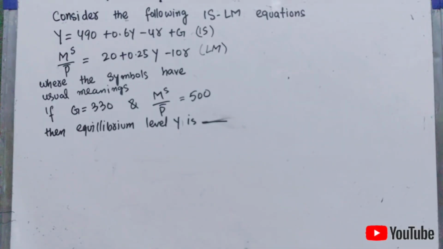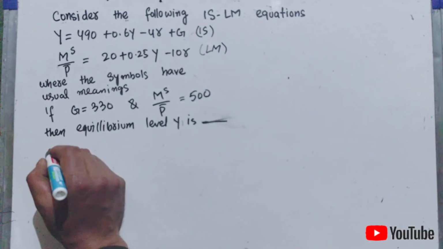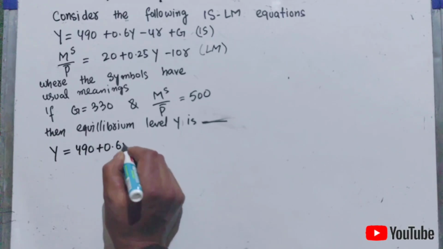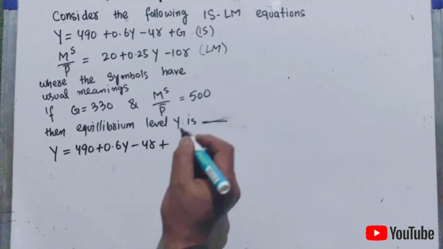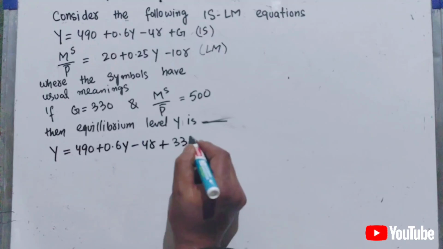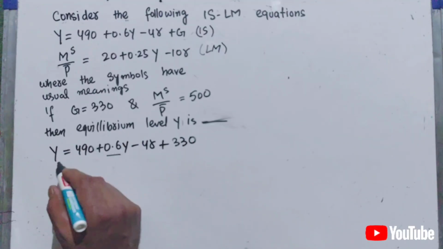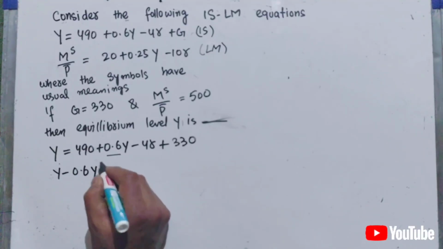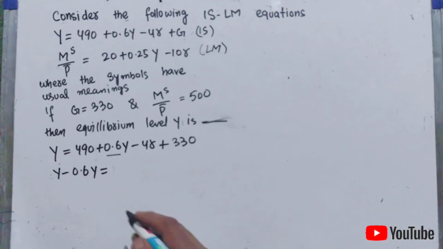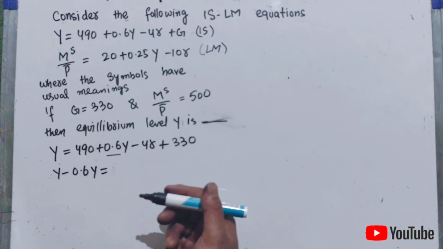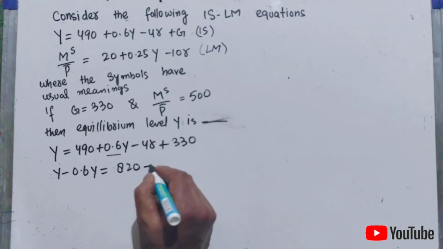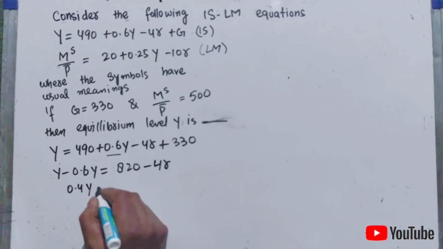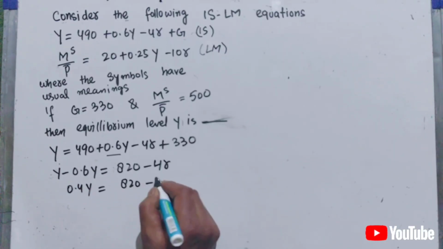So let's take the first IS equation. We have y is equal to 490 plus 0.6y minus 4r plus the value of g, which is given to us as 330. We need to solve it for y. So y minus 0.6y, transposing it, gets subtracted. We get here 490 plus 330, which comes out to be 820 minus 4r. It becomes 0.4y is equal to 820 minus 4r.